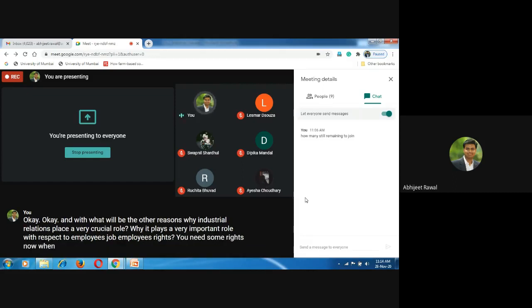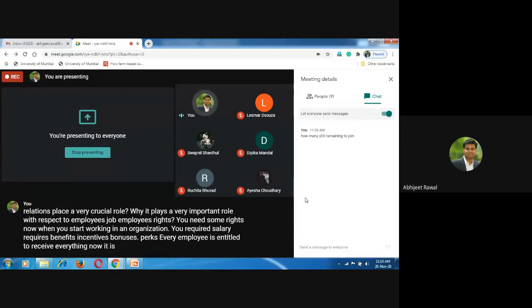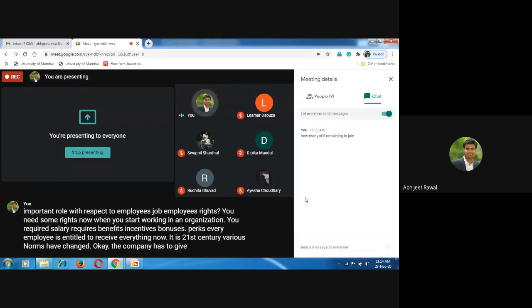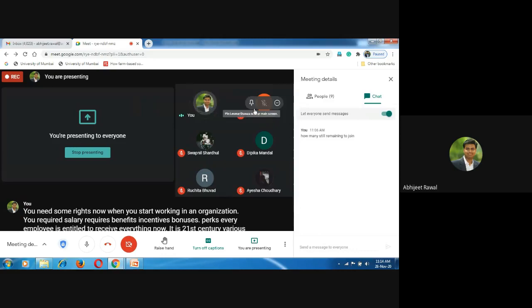When you start working in an organization, you require salary, benefits, incentives, bonuses, perks. Every employee is entitled to receive everything. Now it is the 21st century, and various norms have changed. The company has to give equal opportunity to all the employees in an organization. You cannot just ask the employees to work for 15 hours or 12 hours, right? You need to give them a good pay package against whatever job they are handling. You need to provide everything to them.